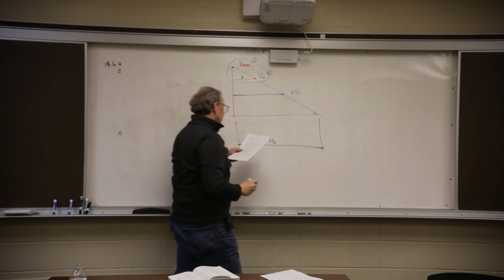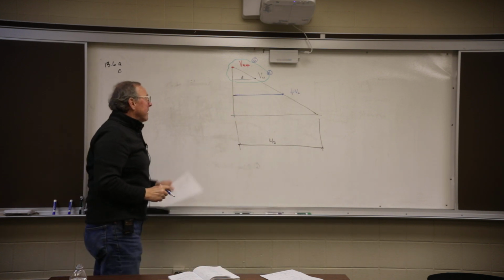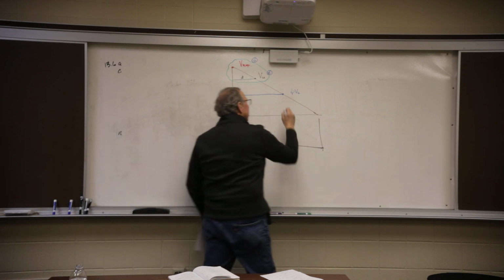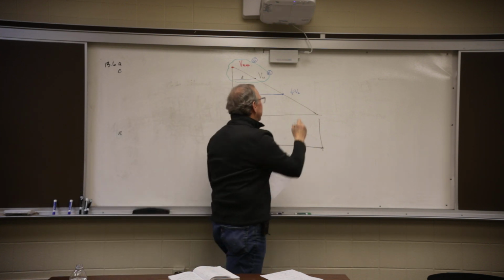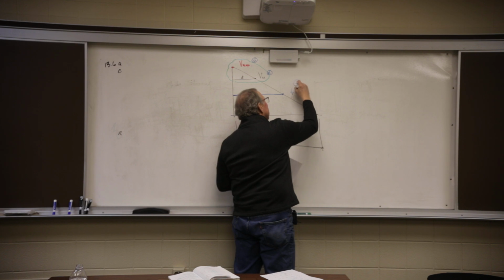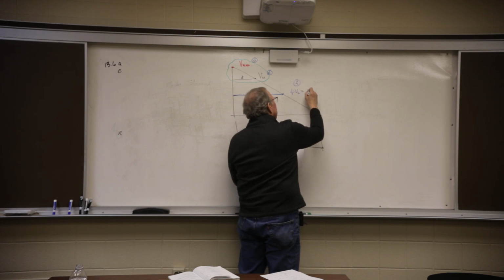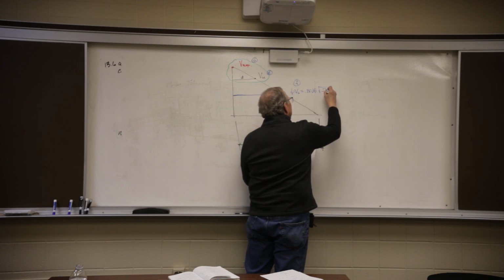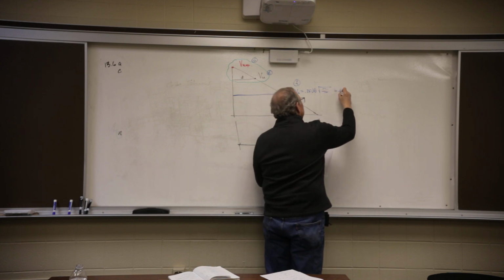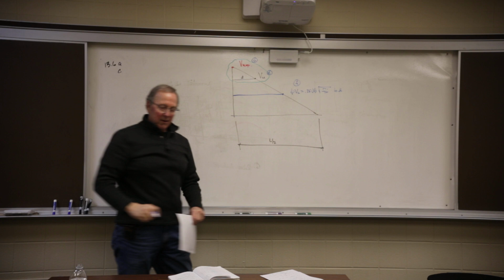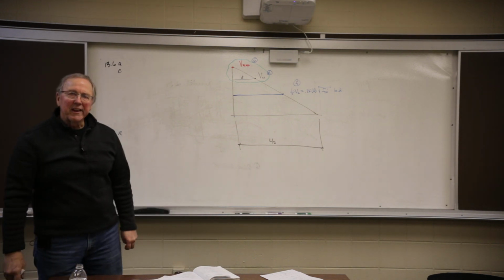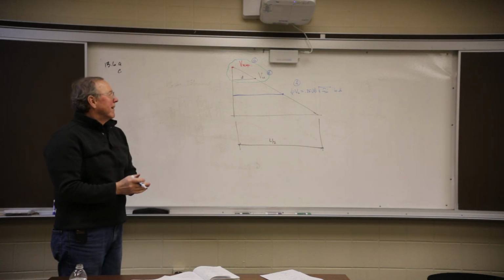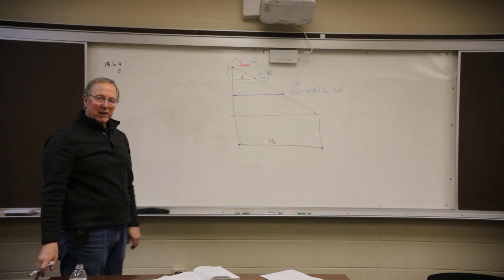So this is phi VC. If I put that there, the formula for that, and we're on letter F of your handout, looks like this: 0.75 times 2 times the square root of F sub C prime times B times D. If you look at that, there's nothing in that formula that relates to loading.